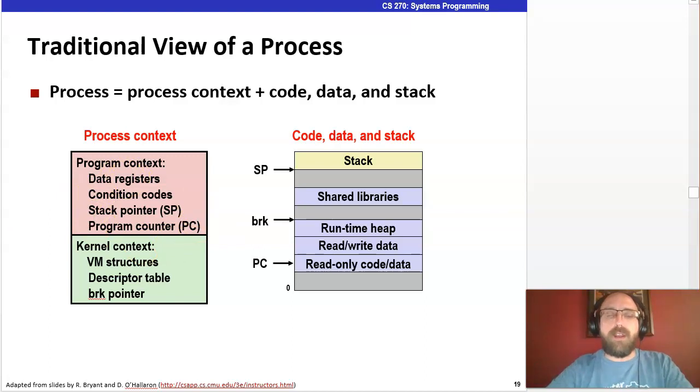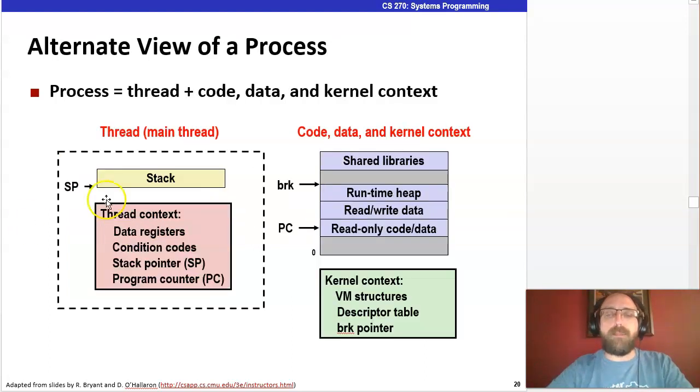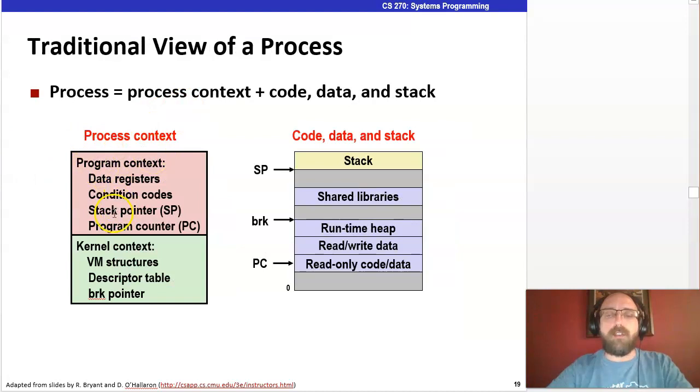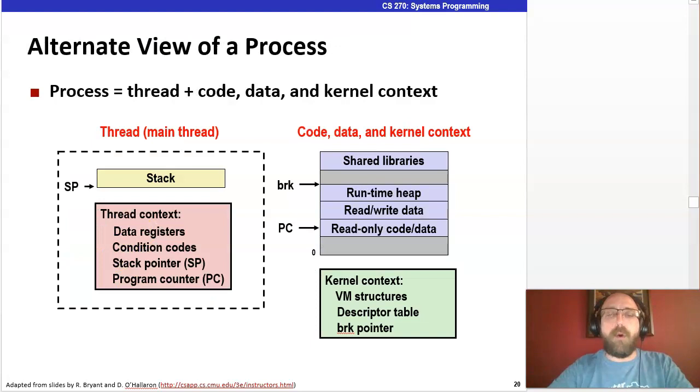Well, let's separate that out a little bit. Instead of just having this context, which has the things inside the process itself, but also some things in the kernel, like the virtual memory structures, the memory mappings that refer to this memory layout, the file descriptor table, and so on.